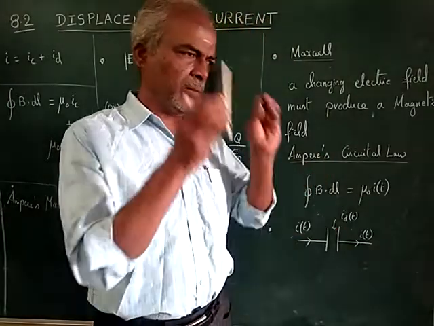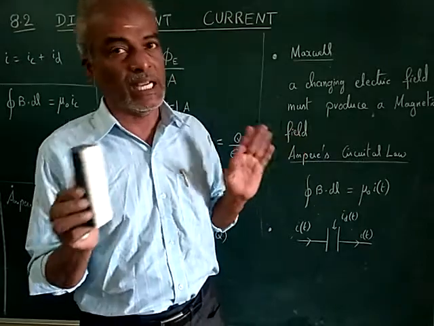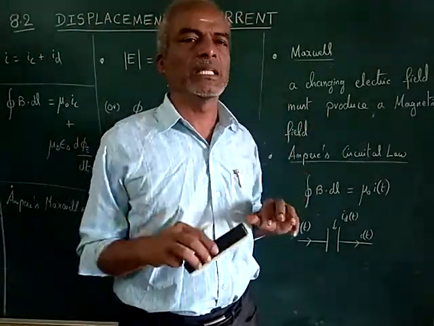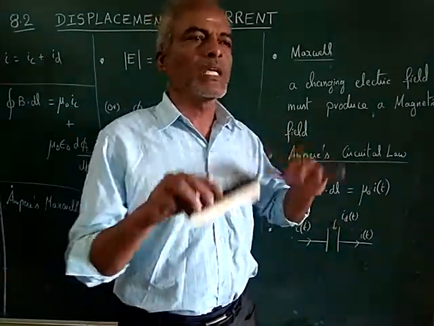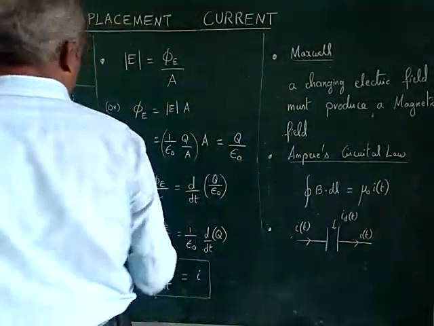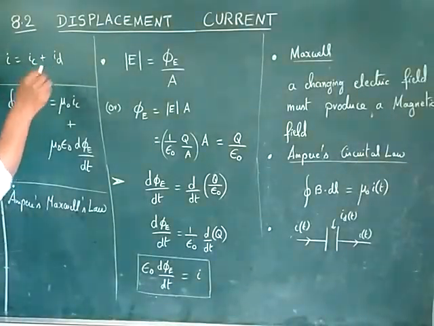If you concentrate purely on the dielectric side, it is displacement current and conduction current is zero. But in cases like charging or discharging of a capacitor, both conduction current and displacement current come into the picture. Therefore, in a generalized form, the total current is IC plus ID.